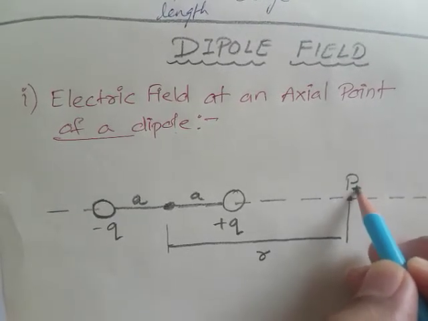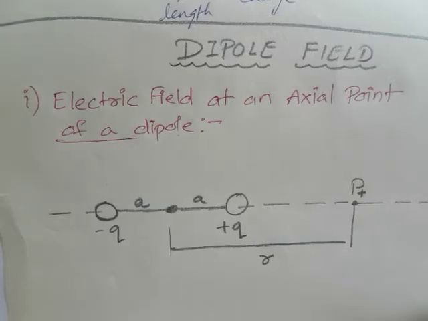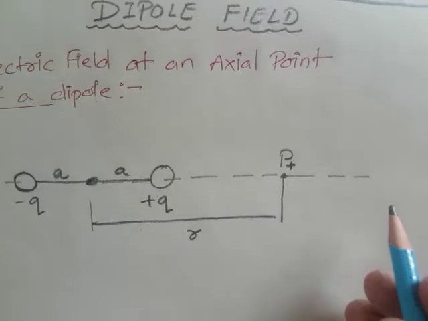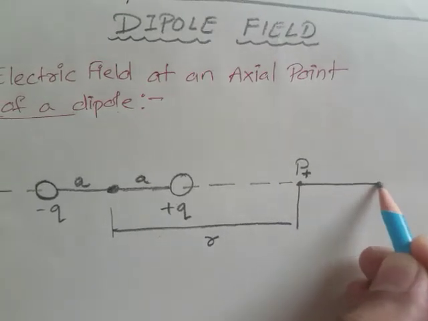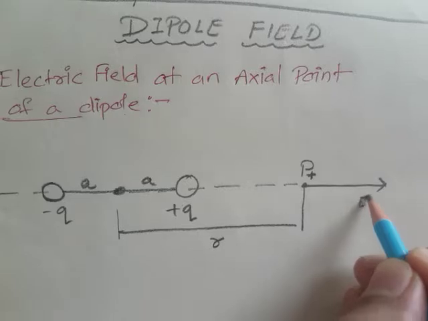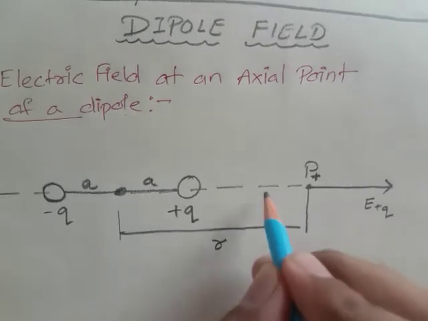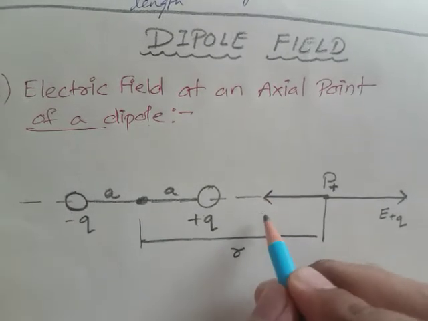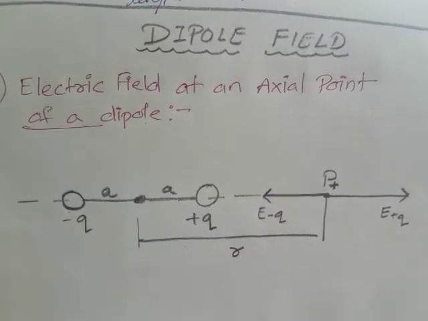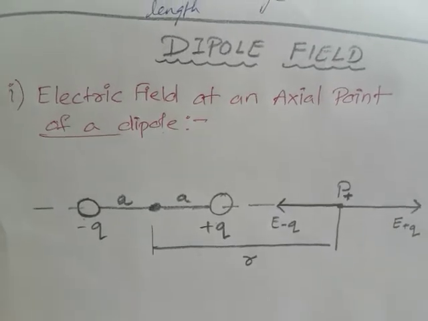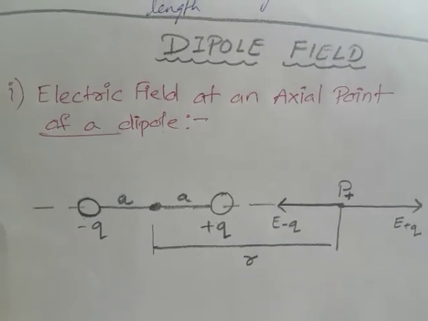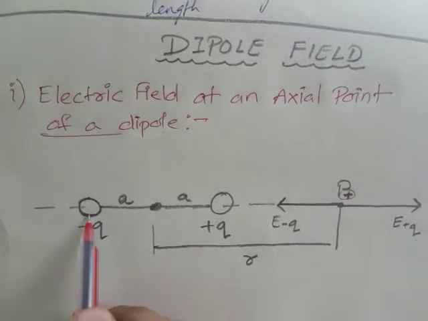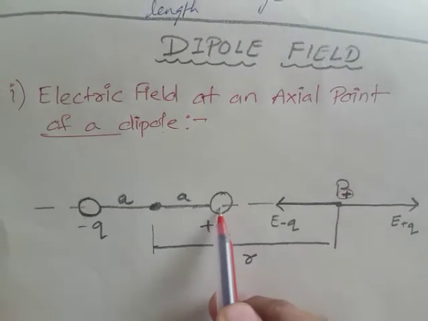Since it is positive, the electric field due to the positive charge will be repelling. So it will repel and be in this direction, that is E positive q. And due to the negative charge, it will attract and be in this direction, that is E negative q. Now we need to calculate the distances.